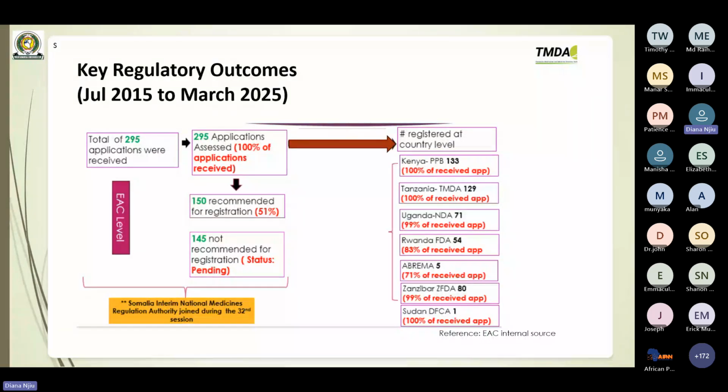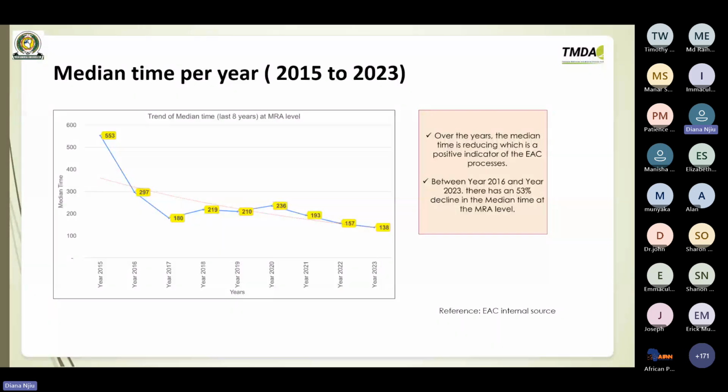So the median time per year, if we look at the median time for the last 8 years, there's been a slight decrease in the median time. So it means over the years, the median time is reducing, which is a positive indicator of the EAC MRH process, meaning we are managing to agree on the information submitted or available for a particular product, ensuring its quality, safety, and efficacy, in a shorter time compared to when the initiative started.